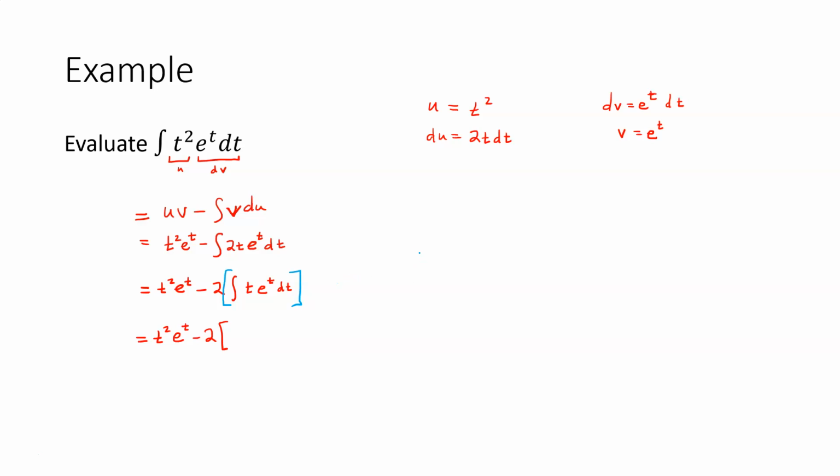So now for the second iteration of parts, we're going to let u equal t, taking this part here to be my u, and then this part again will be dv, using the same reasoning that we had before, that when I take the derivative, we get something simpler, and here this has a very easy antiderivative.